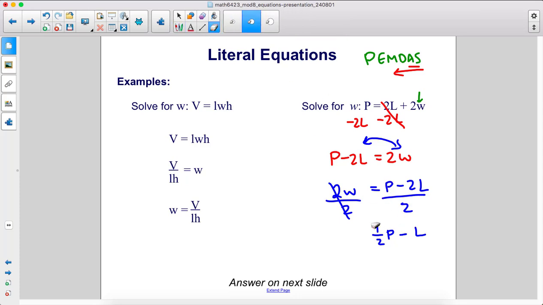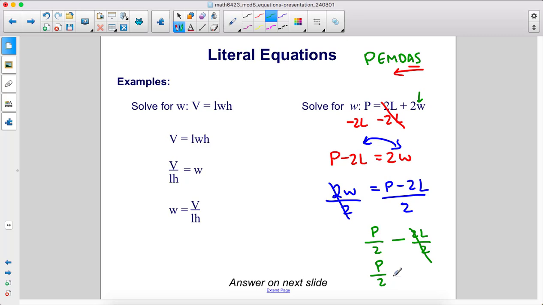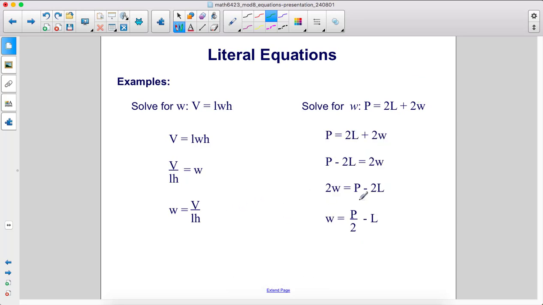Actually, instead of writing it out like that, I don't want to skip any steps. It would be p over 2 minus 2l over 2. See how you can break that up into two different fractions? And then these 2's would cancel. So we have p over 2 minus l. And that's what w is equal to. And here are the solutions.